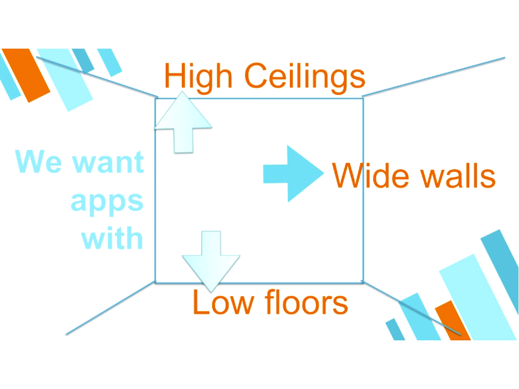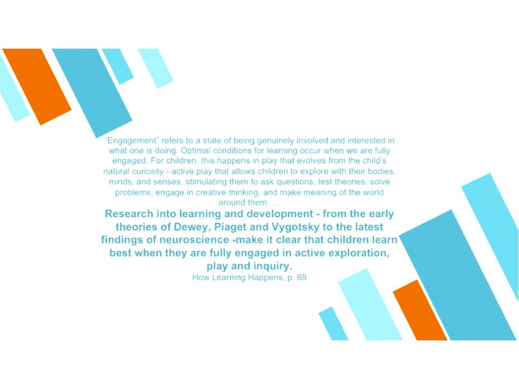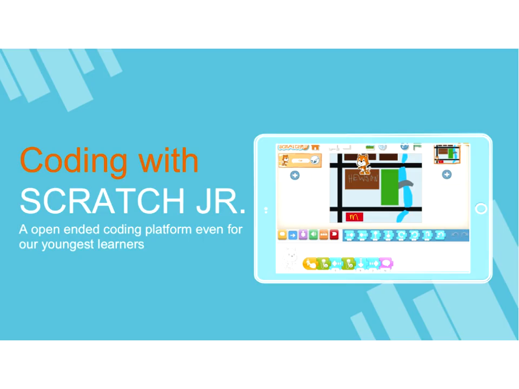So as we went through tonight, we really tried to find tools that had those low floors, high ceilings, and wide walls. And as I thought of that quote that we just saw, and that conversation with Mitch Resnick, there's no greater app that fits that than Scratch Junior. And Beatrice, I love that you love Scratch Junior. That is awesome.